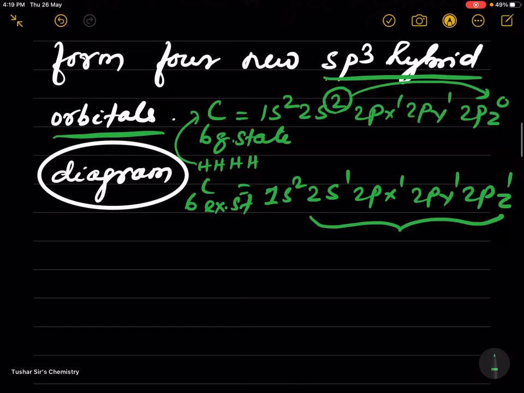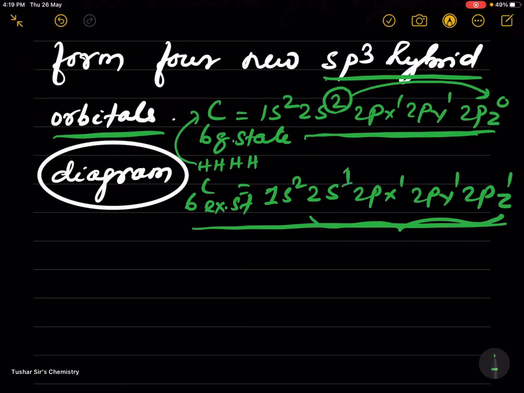Here you see, this is the ground state and this is the excited state, and in the excited state you will find four half-filled orbitals.